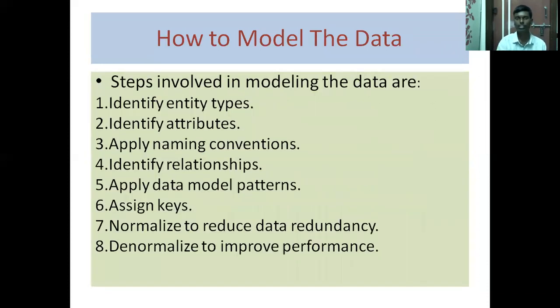Next, how to model the data? There are several steps to perform to model the data in a precise manner. Steps involved in data modeling are: identify entity types, identify the attributes, apply naming conventions, identify relationships, apply data model patterns, for example hierarchical data model pattern, etc., assign keys, normalize to reduce data redundancy, denormalize to improve performance.